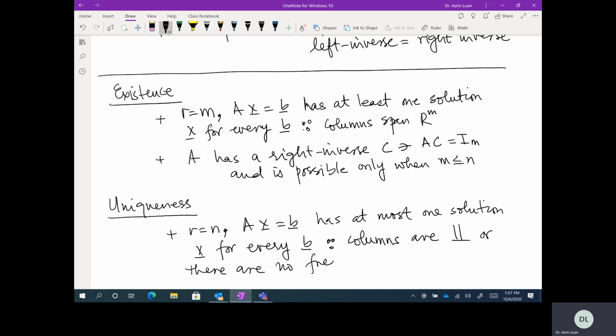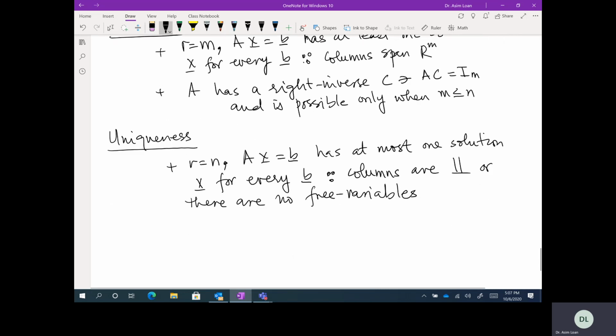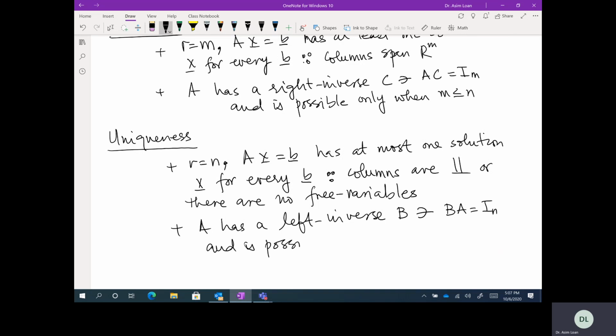And this means A has a left inverse B such that BA equals I_n, and is possible only for n less than or equal to m.